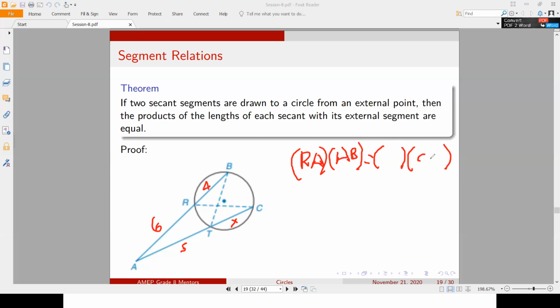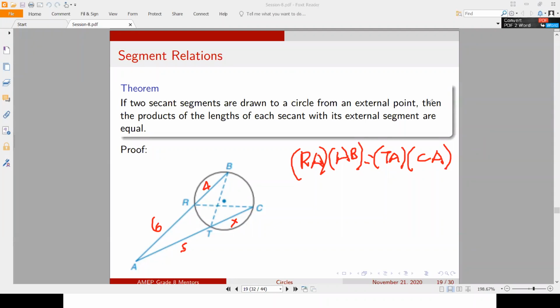CA, that's correct. Ano yung external part niya? TA po. TA, that's correct. So, ito ang paraan para ma-solve natin, which is RA times AB equals TA times CA. So, yun yung sinasabi ko, labas times buo ay equal sa labas times buo.